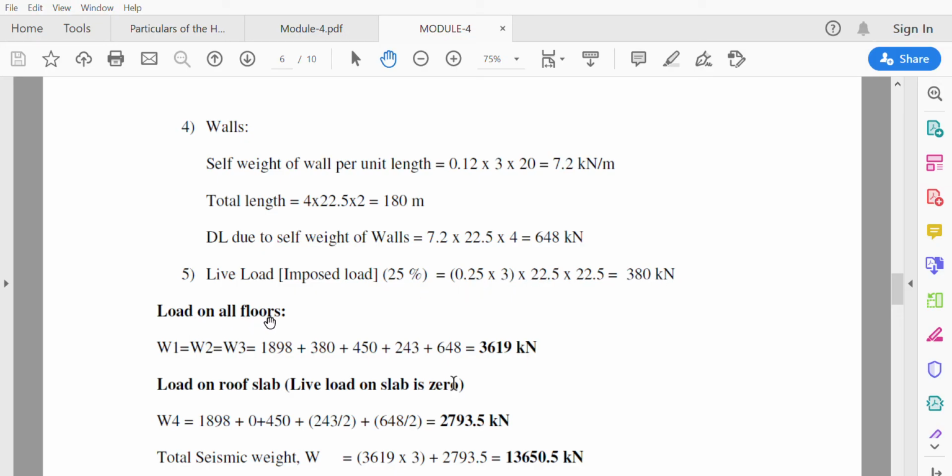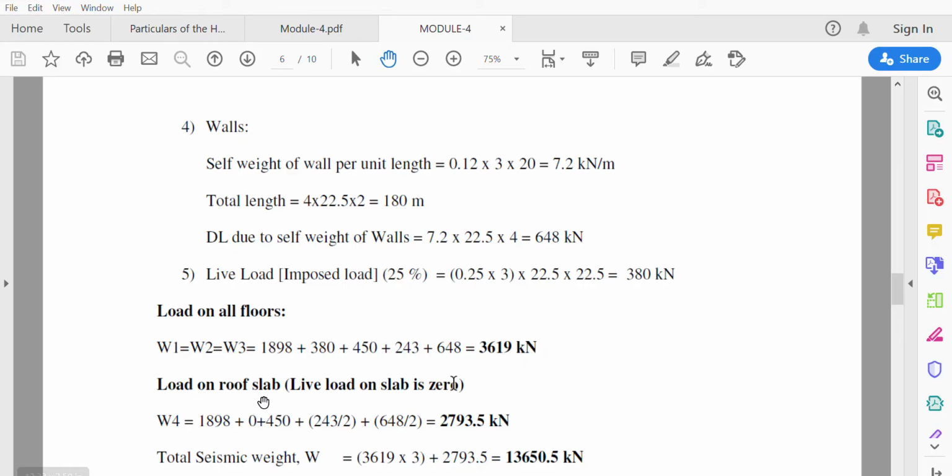Now load on all floors is 1898 plus 380 plus 450 plus 243 plus 648. So it is the load from slabs, beams, columns, walls and from the live load. So total is 3619 kilonewton.